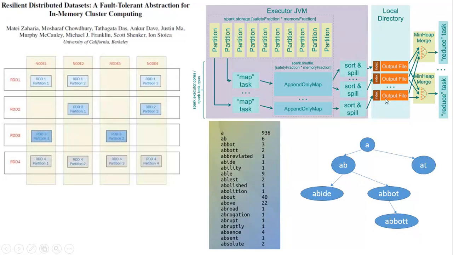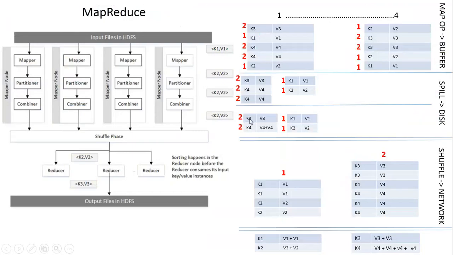Instead, you have a single output file from each mapper, and then you ship it across the network and merge the files in an intelligent way, so that you don't need to separate out the files or the rows by their key values.